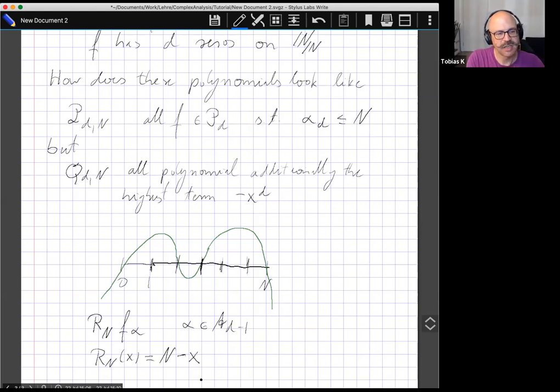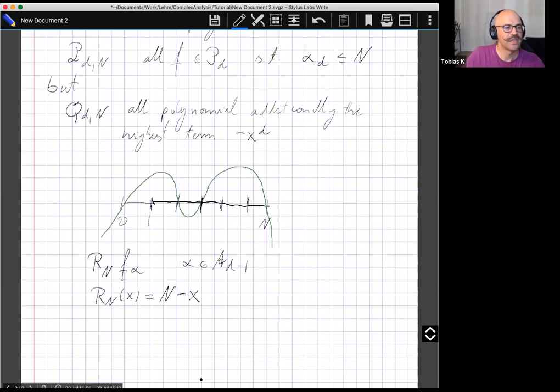You can think a bit about it, that this is essentially the only possibility you have. And so the polynomials we are interested in form the class P dn union Q dn.